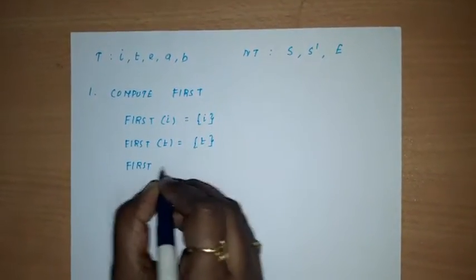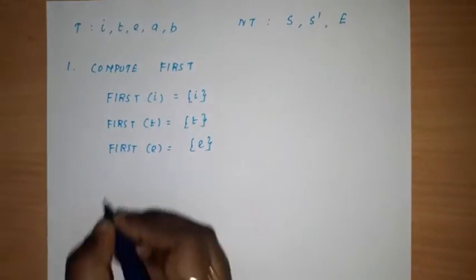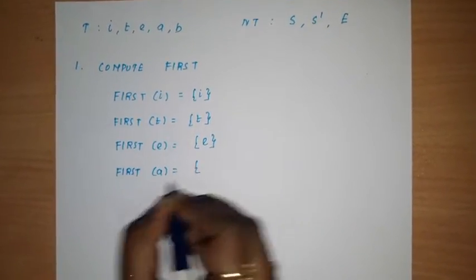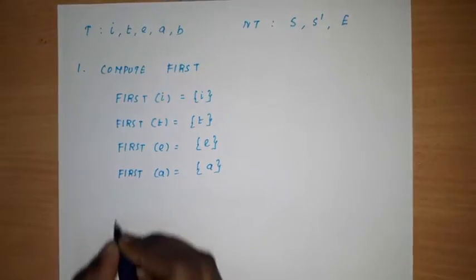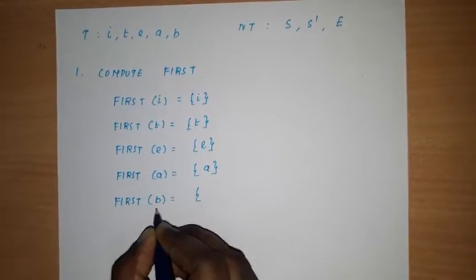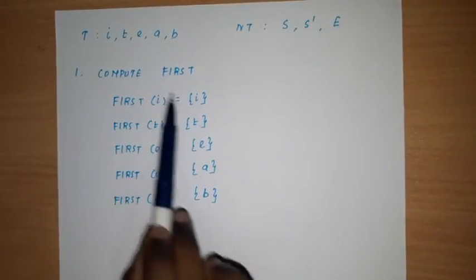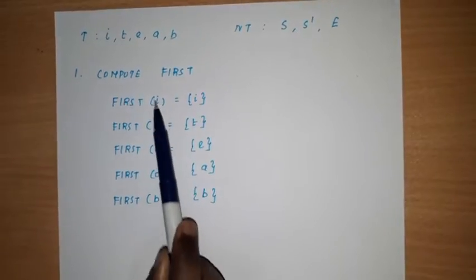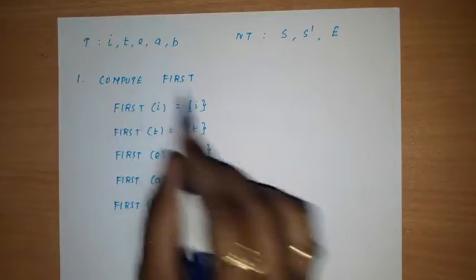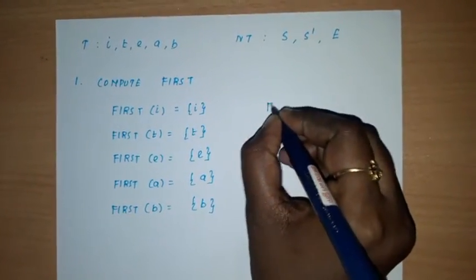Then first of e: e is a terminal, so the result is e. Then first of a: a is a terminal, so the result is a. Then first of b: b is a terminal, so b. Here we are done with first values for all terminals. The result is the terminal value itself. Then compute first values for all non-terminal symbols.